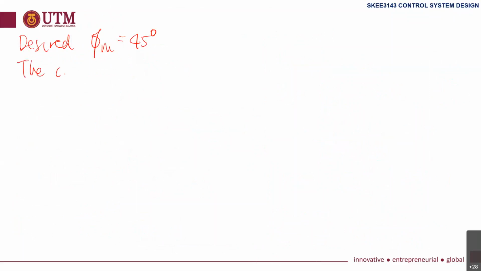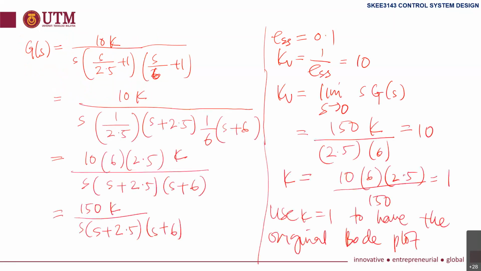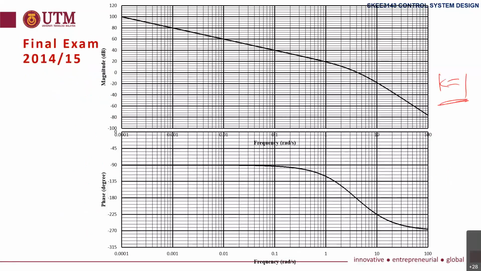For the original system, which is the uncompensated system, we need to obtain the phase margin. 0 dB is here, at about 1, 2, 3, 4, about 4.5 here.